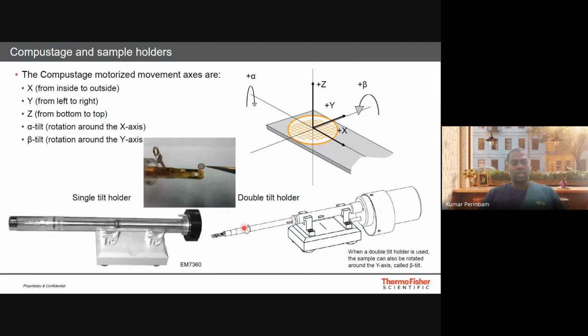Basically, you can tilt the cryo holder in XYZ direction, but most researchers would prefer just to move it in XY direction. In some cases, you can also tilt in alpha, beta, and rotations like that, which will be helpful in collecting data from different angles of the same sample.